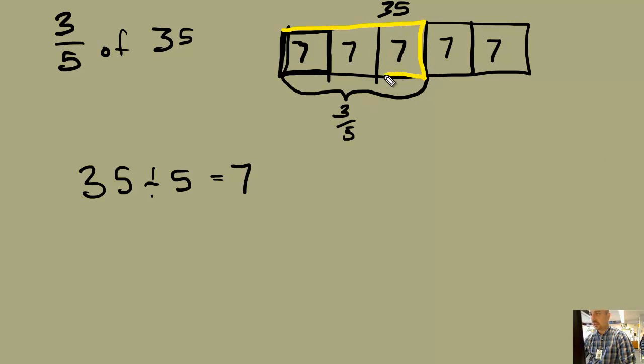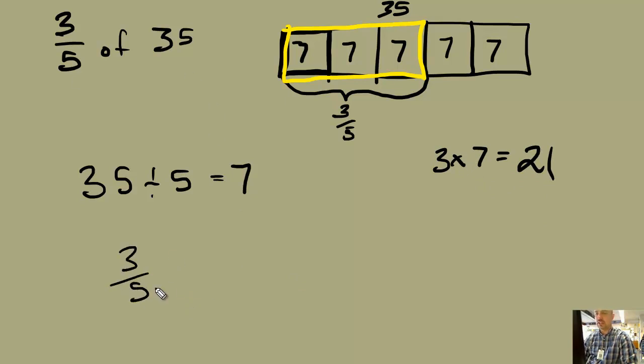I only want these 3. So while I have 1 unit of 7, I actually want 3 of them. In order to find out what 3 groups of 7 is, 3 times 7, my answer would be 21. So 3/5 of 35 equals 21, right here: 7, 14, 21.